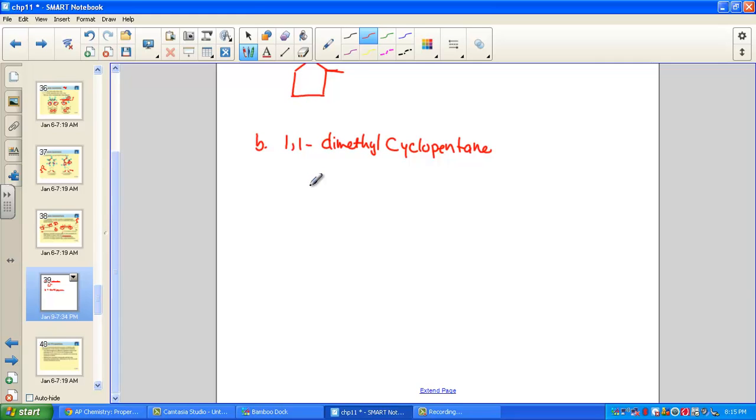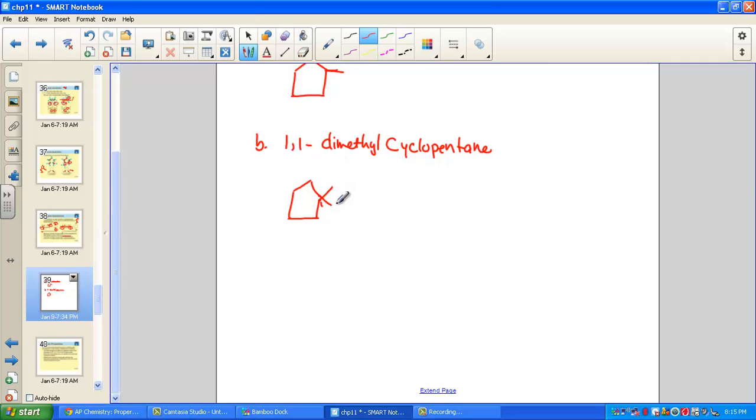Well, if I have cyclopentane, I have 1, 2, 3, 4, 5 carbons. At carbon number 1, I have 2 methyl groups coming off, and it's saying it possibly cannot show cis and trans because they're coming off the same carbon. To show that, 1,2 methyl groups coming off of any of those carbons would have done, but I'll call that carbon 1. 1,1 dimethyl.